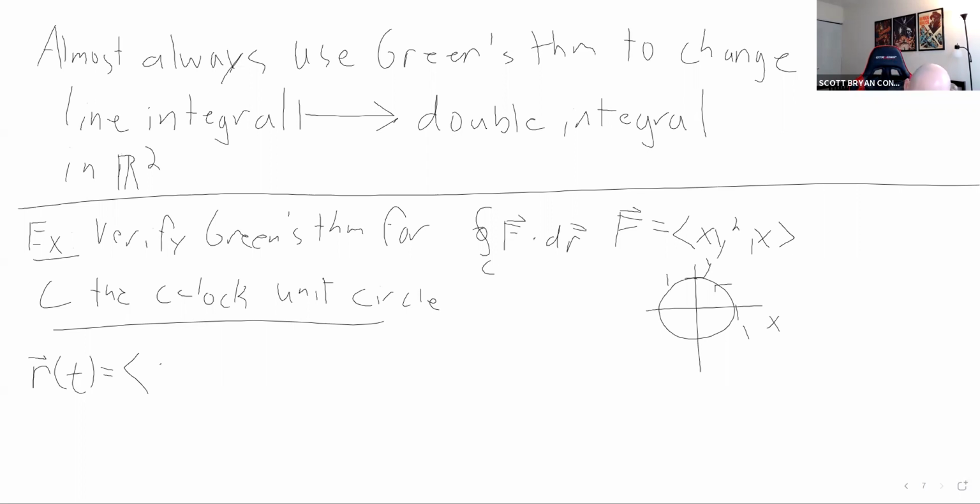I'll let x be cos t, and I'll let y be sine t. x = cos t, y = sine t goes around counterclockwise. And since we get the entire circle, I'll let t go from 0 to 2 pi. Okay, so we're going to need r prime of t for this. And so that's going to be negative sine t, cos t.